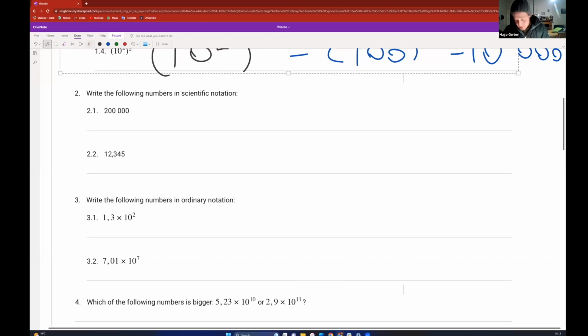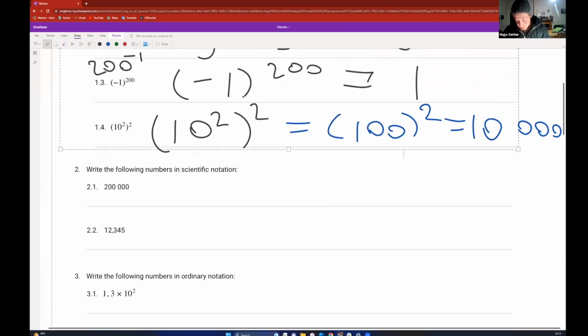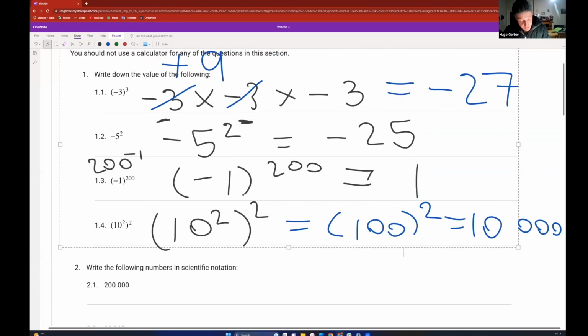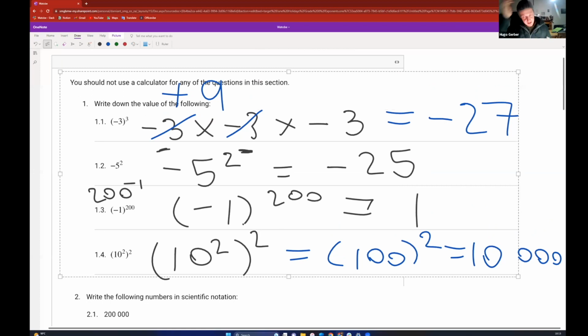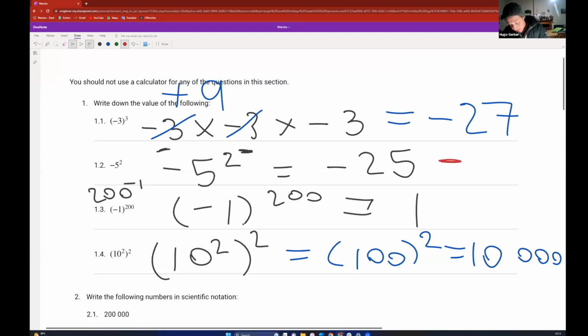Okay, good. So, because there's no bracket, it's going to be, let me use a red pen so that you can see what I'm doing here. Because there's no bracket, it's negative and then basically 5 times 5.